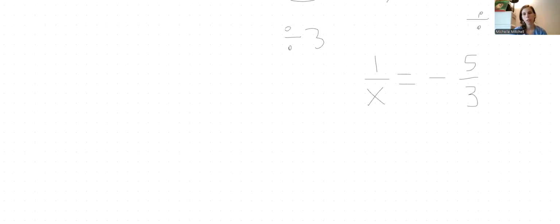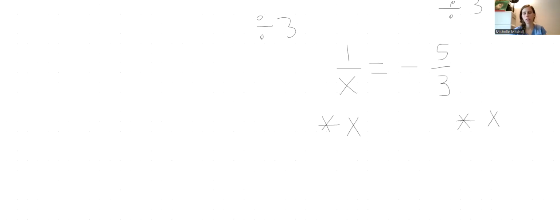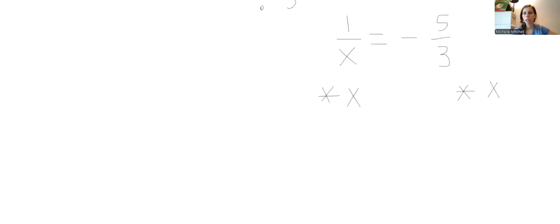Okay, brute force way. We're going to multiply both sides by x, and again, this is a step that can dramatically change your problem because you're moving the variable via multiplication or division from one side to the other, which can do all sorts of things to signs and numbers of solutions. Don't have to worry about it in this problem as much. 1 equals negative 5/3 times x.